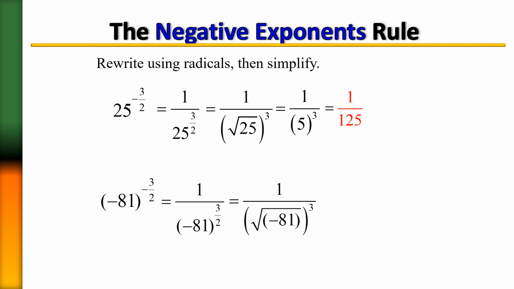So the answer to this one is simply not a real number. You have an even root with a negative underneath, which is not possible for a real answer, only an imaginary answer, which we will cover in section 10.7. And there you have it. Negative exponent rule.